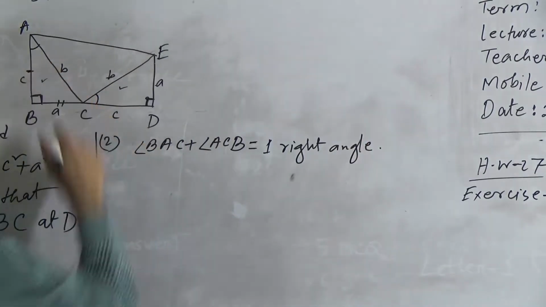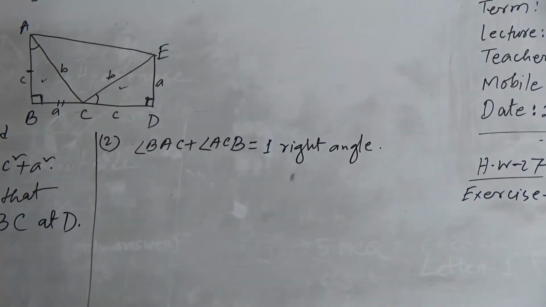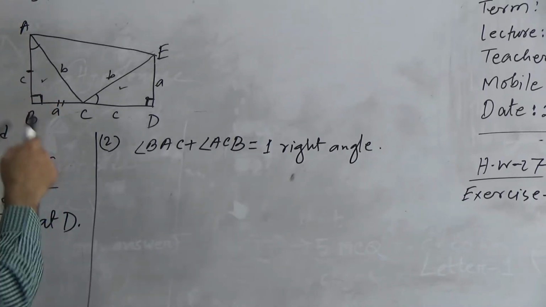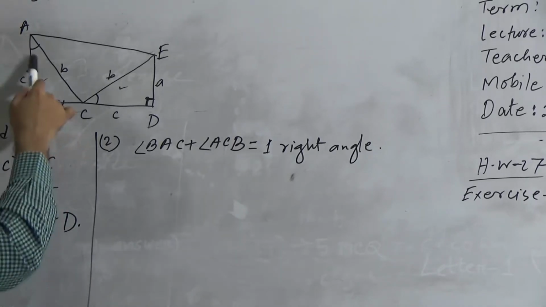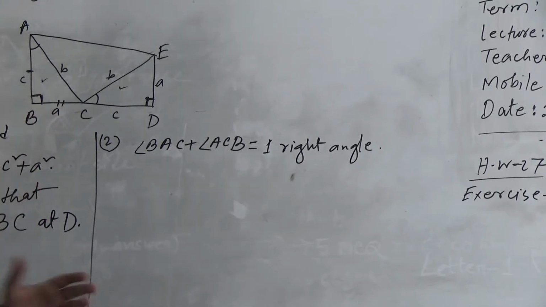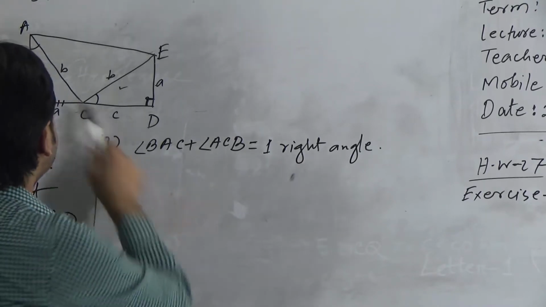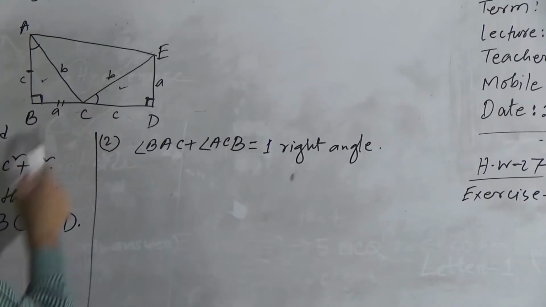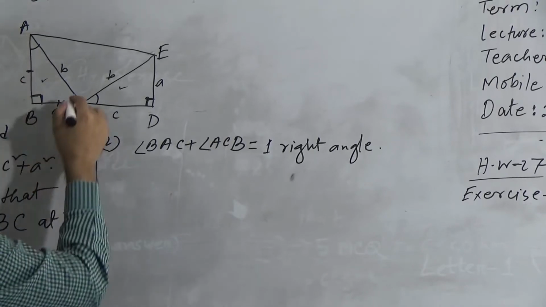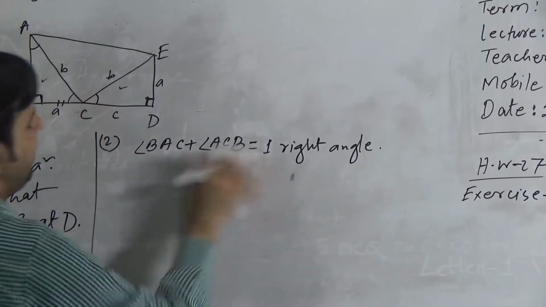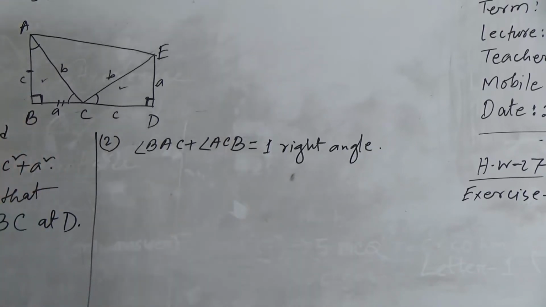As these two angles are complementary. Dear students, as ABC is a right angle triangle and angle B is right angle, the other two angles are complementary. Angle BAC means this angle and angle ACB means this angle. Sum of these two angles will be one right angle, as the angles of a right angle triangle except the right angle are complementary to each other.